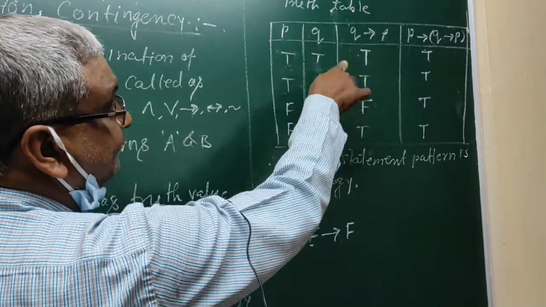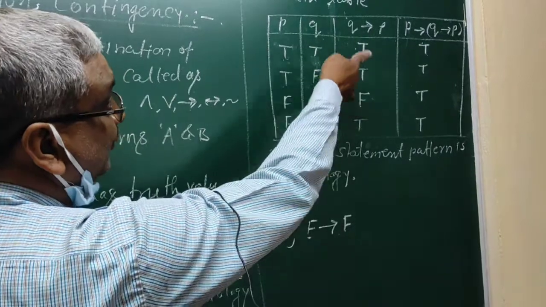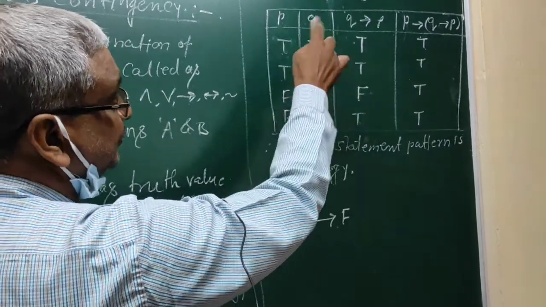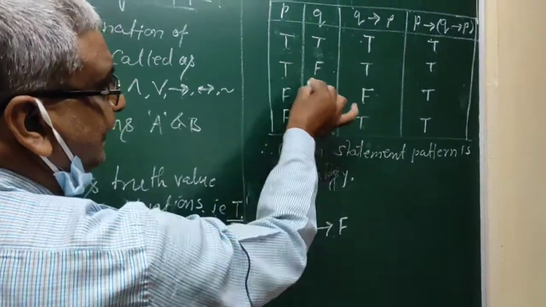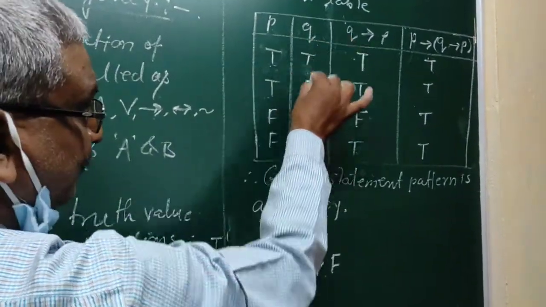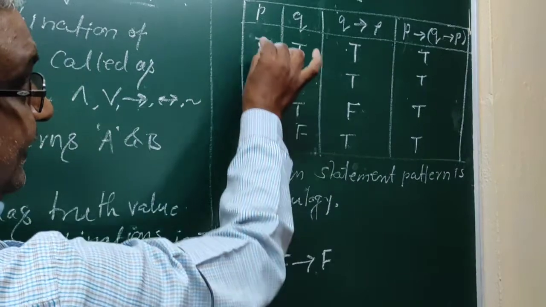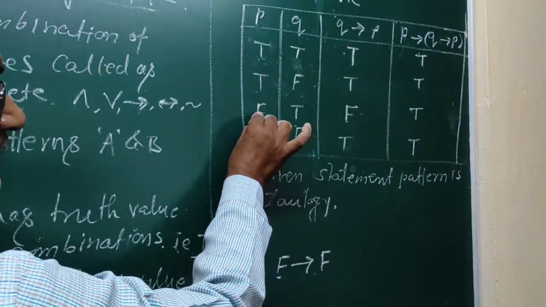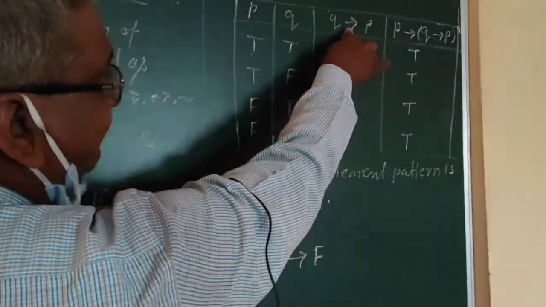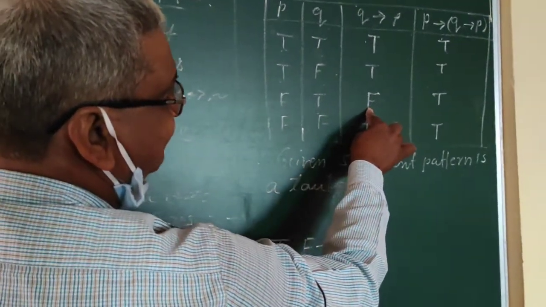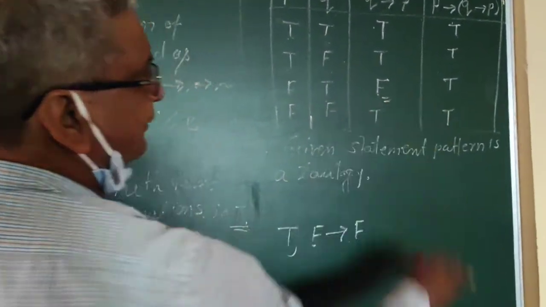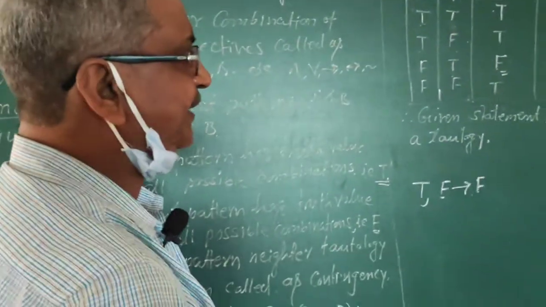So we find Q is true and P is false. So we take it TT, FT and TF. So here Q is true and P is false, and therefore by the rule of implication this Q implies P is false. So this is to be noted here for the rule of implication.